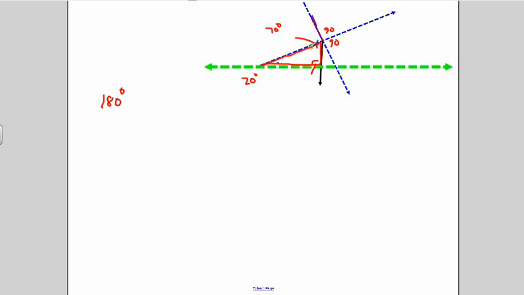Well, if part of this is 70, the only way we can get this blue section up to 90 is by making this 20. And if I take this portion out, I take everything out now. If I take this guy over here, and if I take this guy over here, I'm trying to recreate my right triangle.